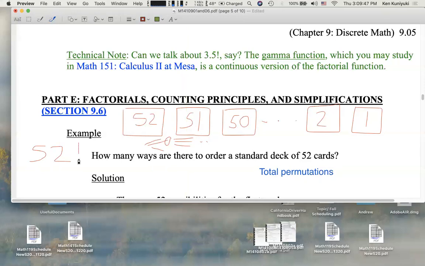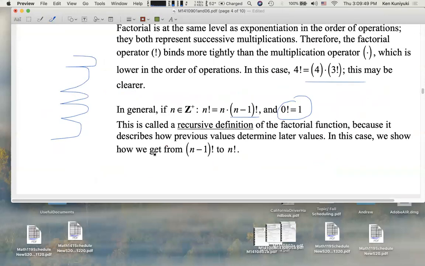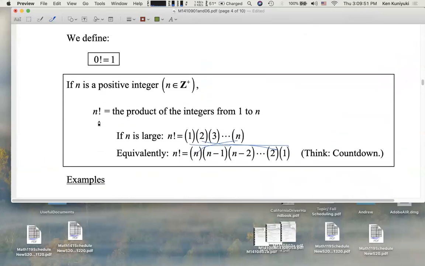52 factorial. By the countdown scheme over here, remember, n factorial is the product of the integers from 1 to n. Or if you think of it as a countdown from n to 1. And I was looking at 52 factorial more in terms of the countdown. 52 factorial equals 52 times 51 times 50 times ... times 4 times 3 times 2 times 1. That's 52 factorial.